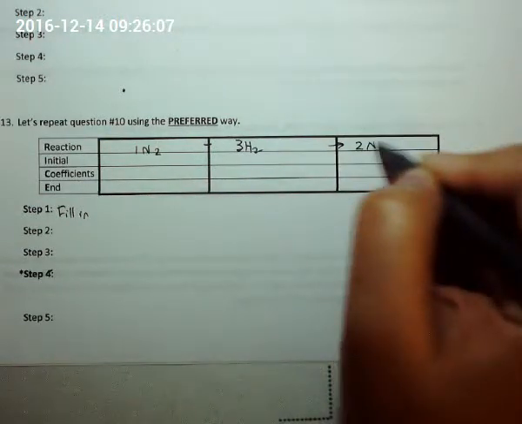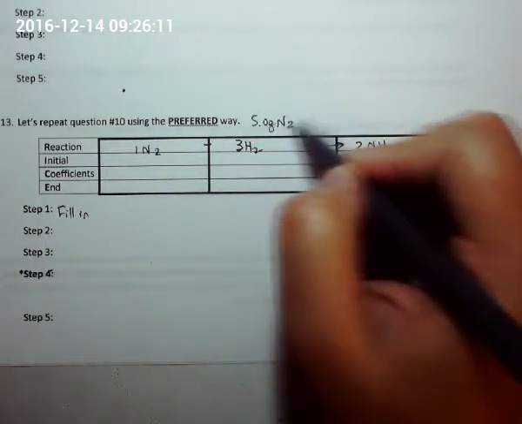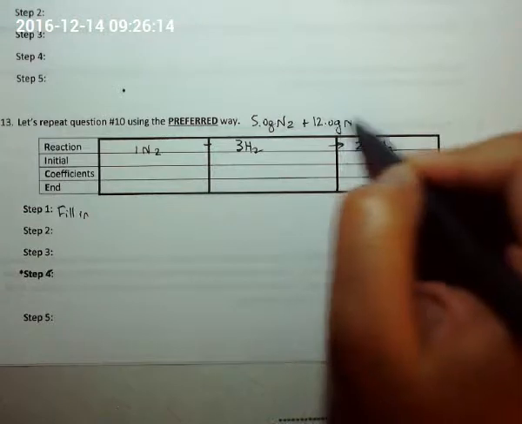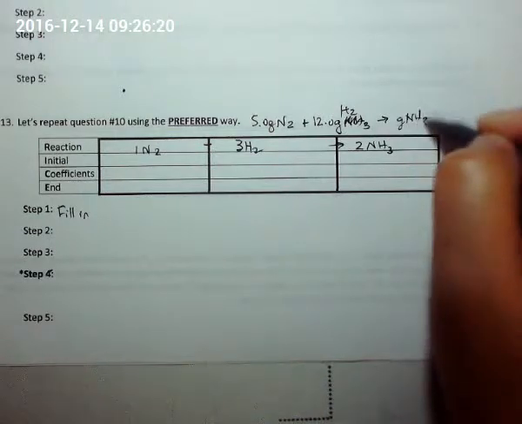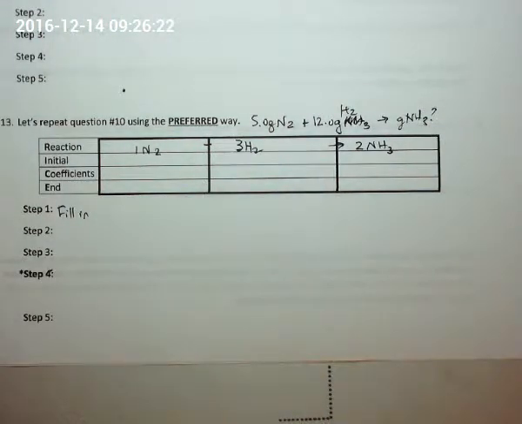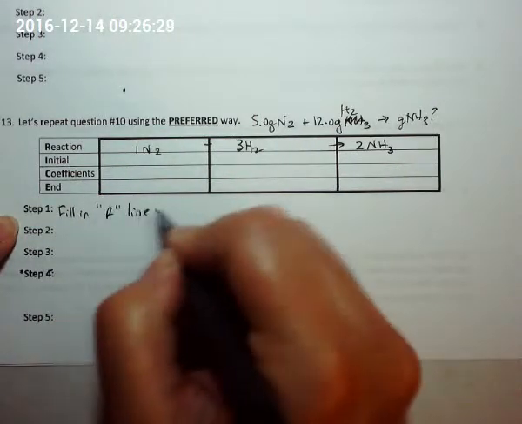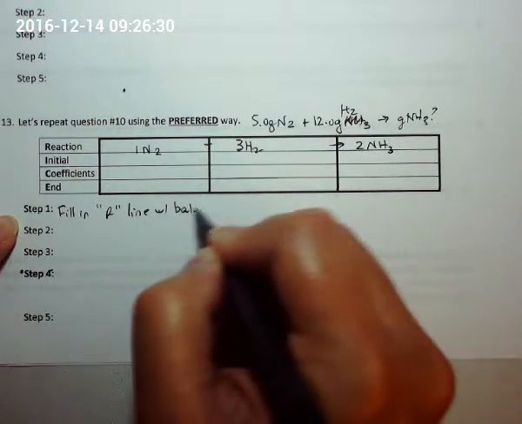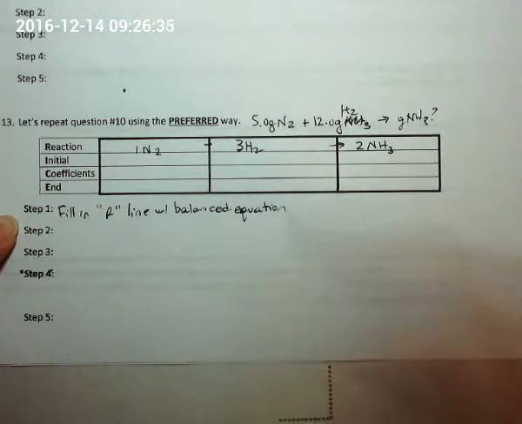And the original question that they asked was if I had 5 grams of nitrogen and 12 grams of hydrogen, how many grams of ammonia do you make? Who's the excess reactant? How much is left over? So step one was fill in the R line with the balanced equation. That's easy enough to do, right?